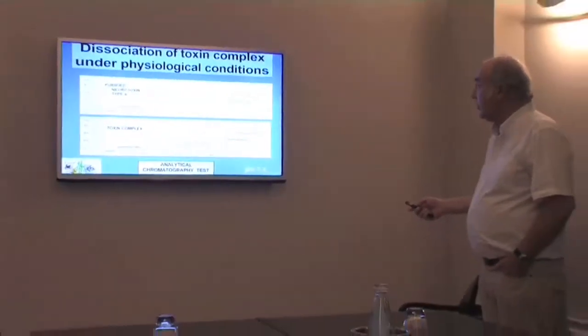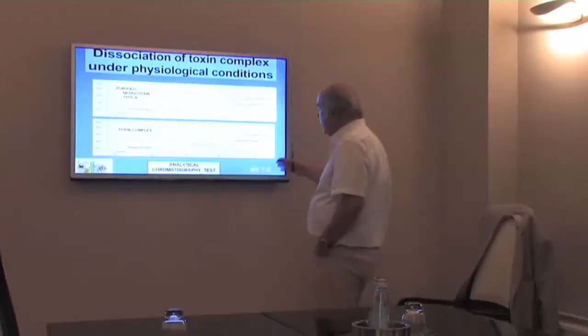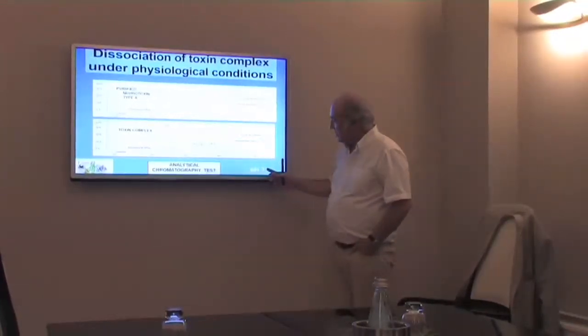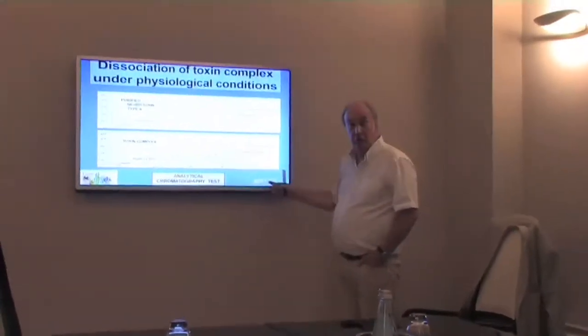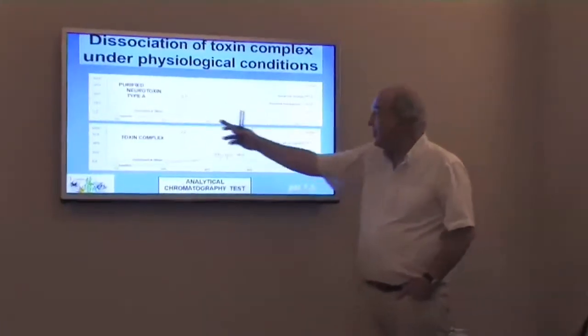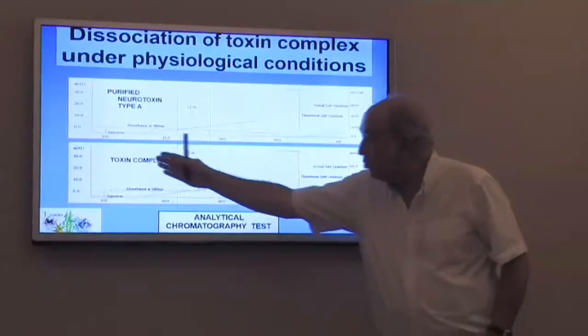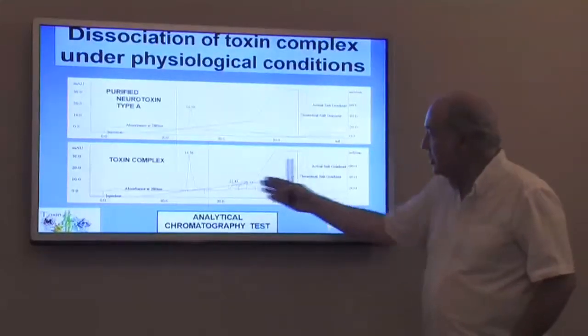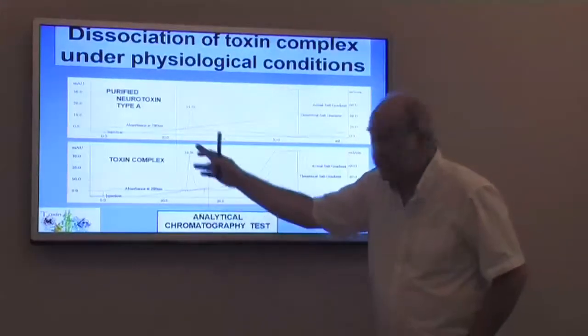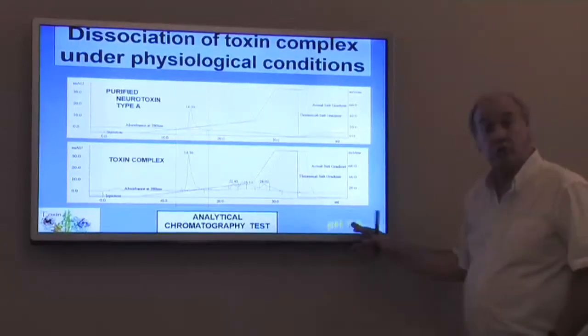Sorry, we already knew that it happened under good physiological conditions because we had generated, see, here's toxin on its own. Here's the complex. So here's all the junk, and here's the toxin on its own at physiological conditions.